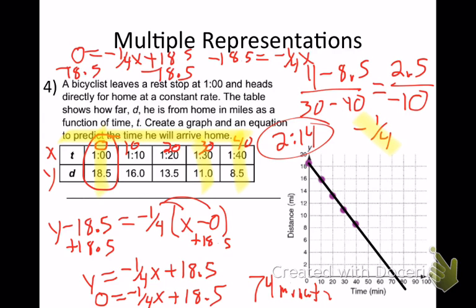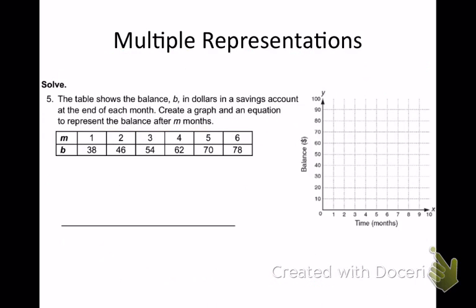Then I'd either divide by negative 1/4 or multiply by negative 4. So negative 18.5 divided by negative 1/4, which some people did as negative 18.5 times 4, and that's what they got. 74 minutes, though.